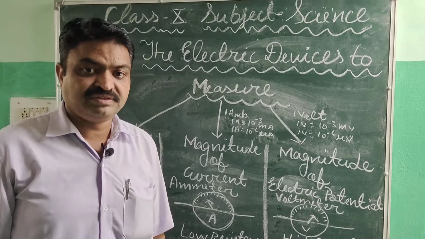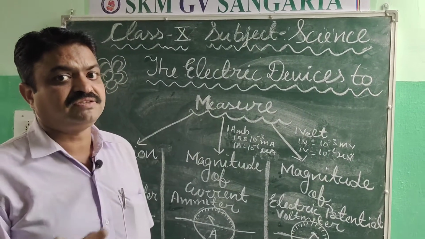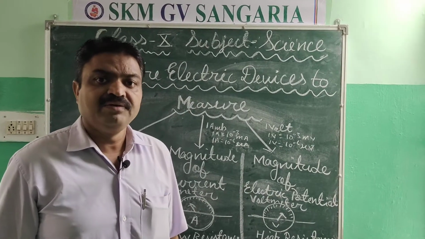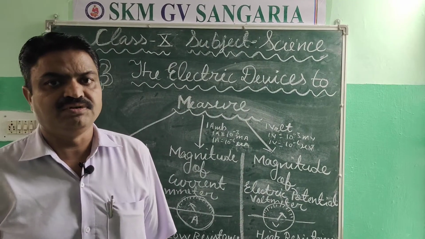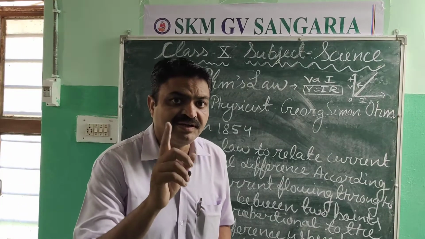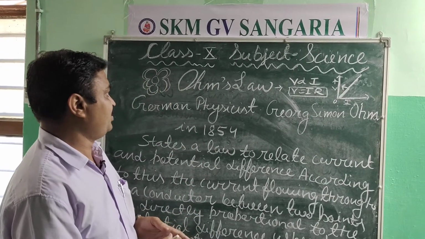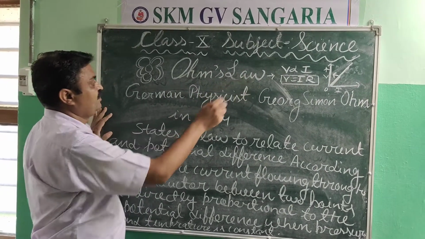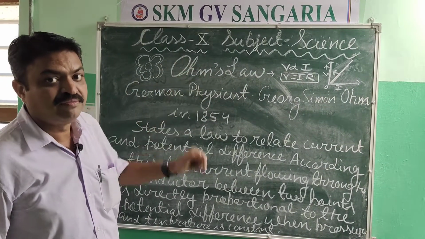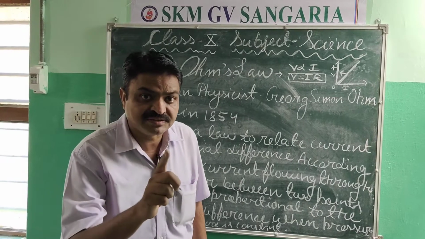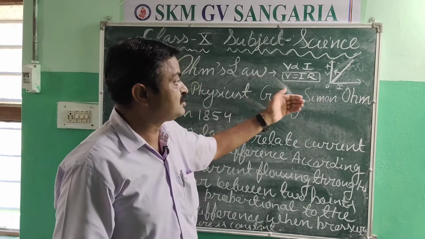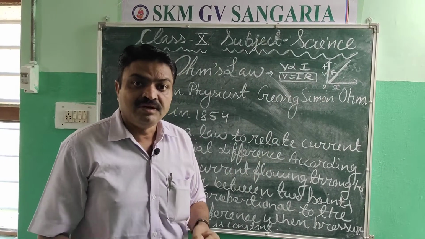Now we will start to discuss a very important topic, that is Ohm's law, students. It is the most important topic. This law was given by a German physicist. The name of that physicist was Georg Simon Ohm.